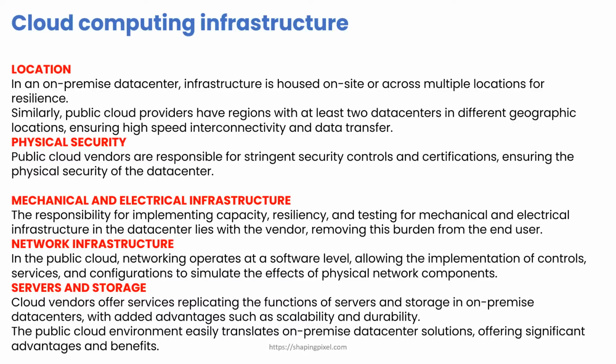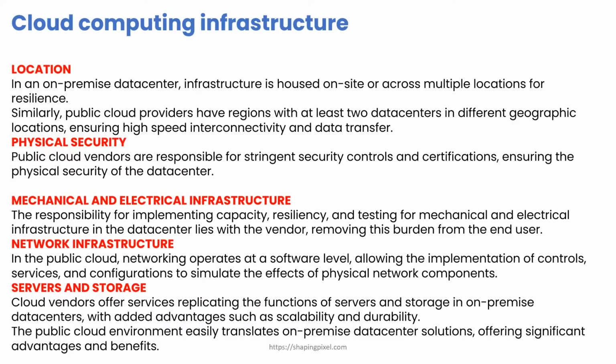Mechanical and electrical infrastructure. The responsibility for implementing capacity, resiliency, and testing for mechanical and electrical infrastructures in the data center lies with the vendor, removing this burden from the end user. Network infrastructure. In the public cloud, networking operates at a software level, allowing the implementation of control services and configuration to simulate the effects of physical network components.